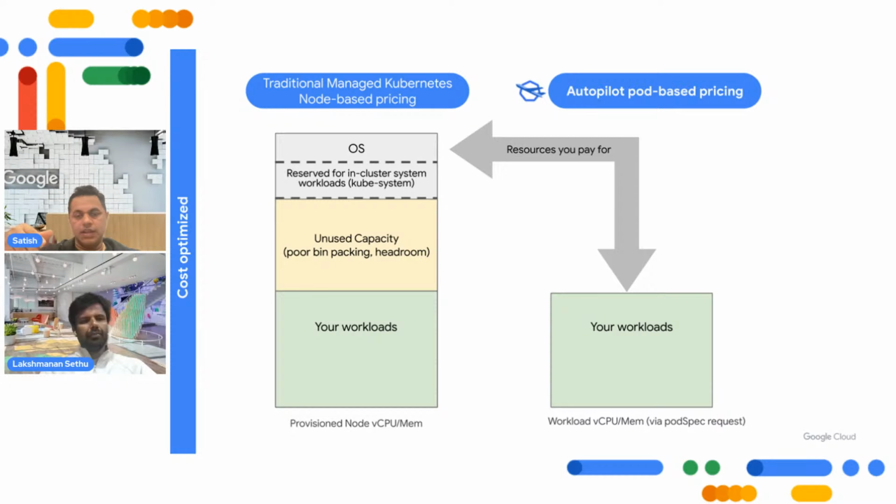You just pay for what you use, defined by the way you are running your pod and what capacity is required for your pod and workloads. So it definitely makes Autopilot more cost effective, given it's pod-based pricing.